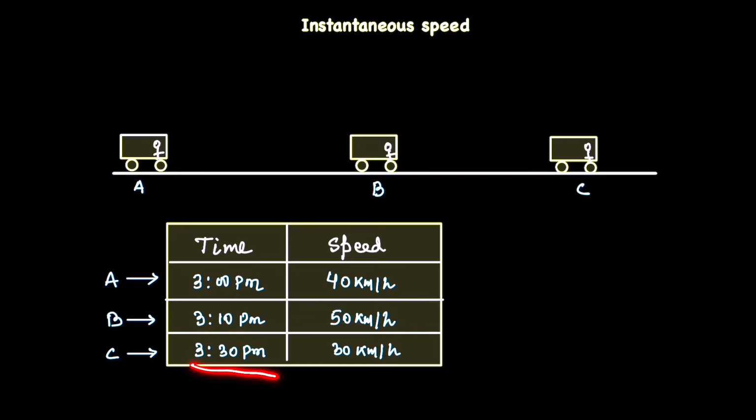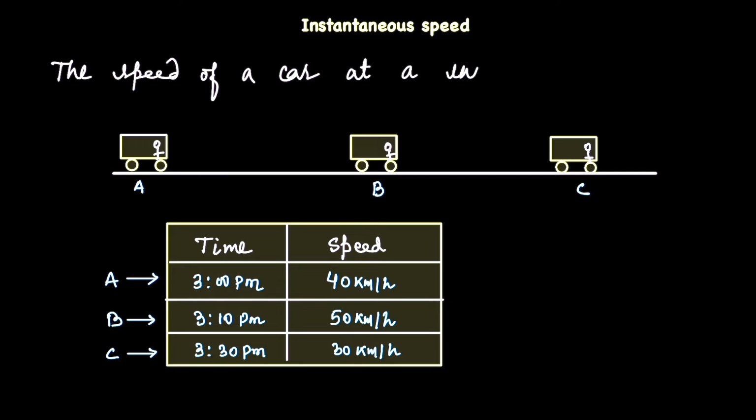If you go to 3:30 p.m., it becomes 30 kilometer per hour. Means at a specific time, there is a specific speed of the car. This is called instantaneous speed. We can define it as the speed of a car at an instant of time. This is not an average speed. It's just a speed at a particular time. I hope you understood this part properly.